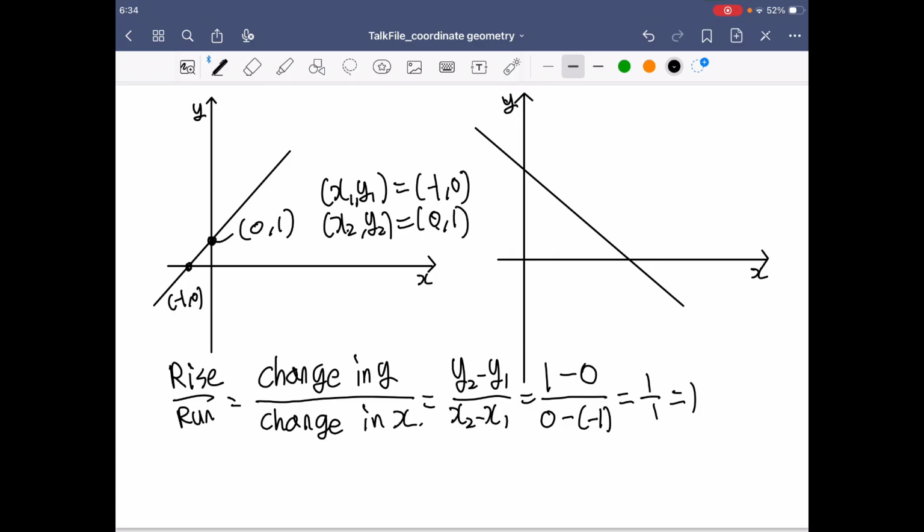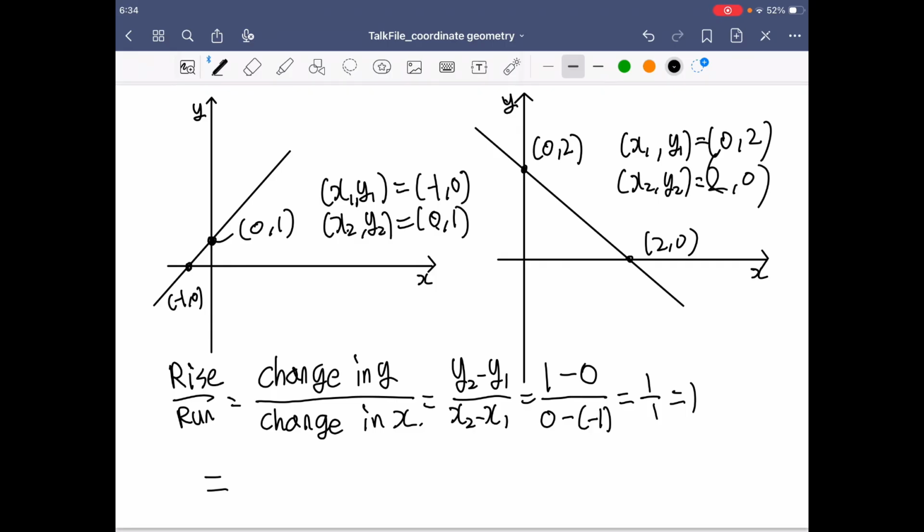Now let's have a look at this one. Let's say now it is 0, 2, and then this is 2, 0. And then if we wanna find the gradient, then let's say x1, y1 equals 0, 2, and x2, y2 equals 2, 0.